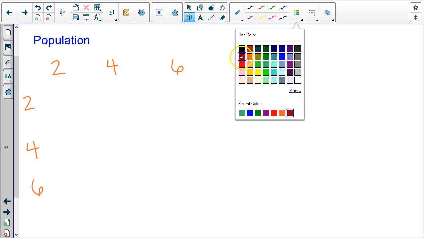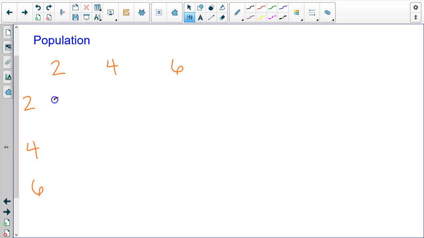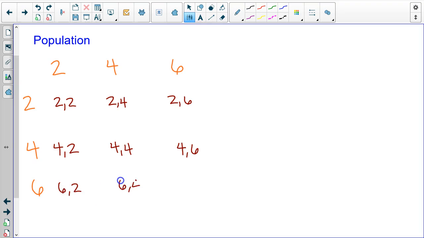All right, so then if you draw from that, you could have a 2 and a 2, a 2 and a 4, or a 2 and a 6, right? This one would be a sample of 4, 2, 4, 4, or 4, 6, and this one would be a sample of 6, 2, a sample of 6, 4, or a sample of 6, 6.